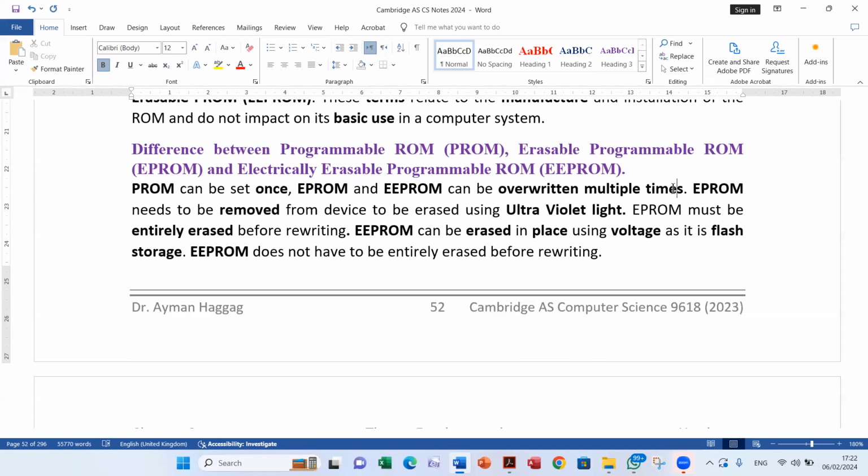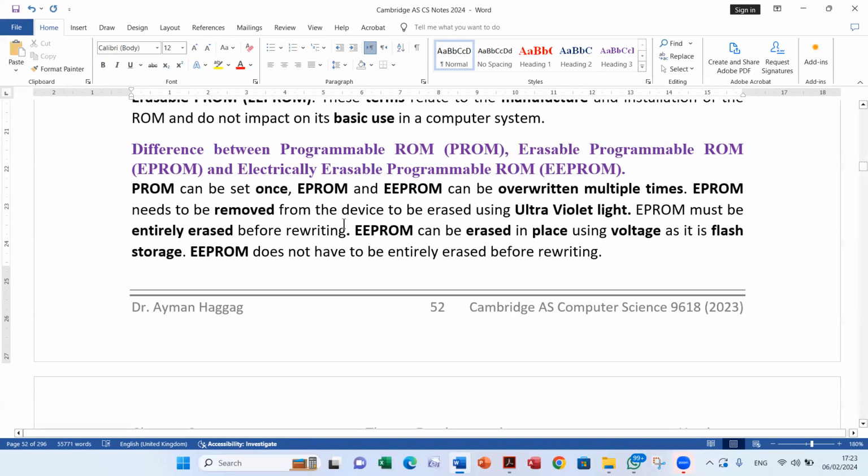changed. However, erasable programmable ROM or electrically erasable programmable ROM can be used many times. Erasable programmable ROM needs to be removed from the device to be erased using ultraviolet light. However, electrically erasable programmable ROM can be erased in place.